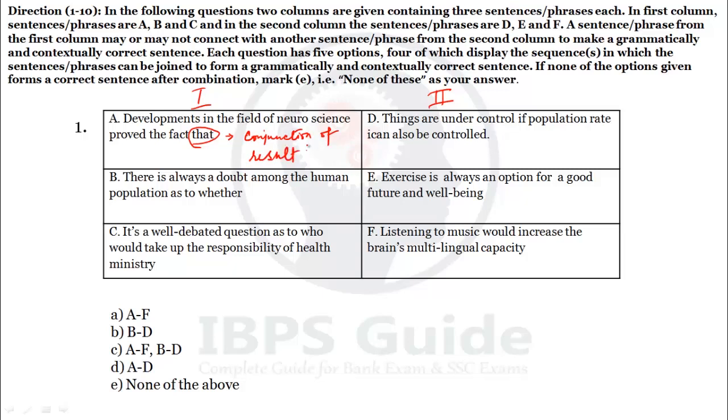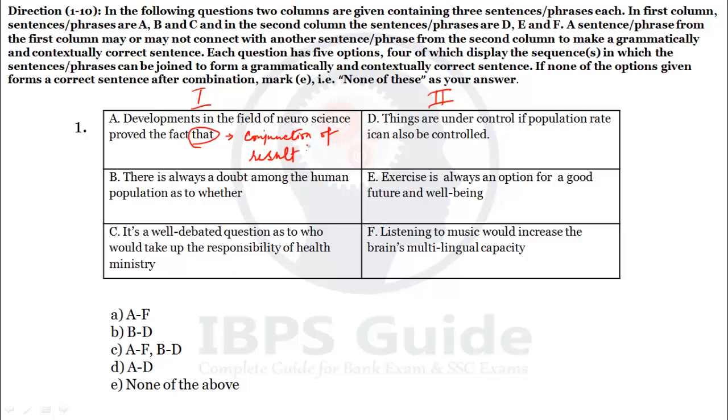It means that after it our statement should be related to result, consequence or explanation, because when we put that as a connector, the subordinate clause after it will express either a result, an explanation or a consequence. So developments in the field of neuroscience proved the fact that.